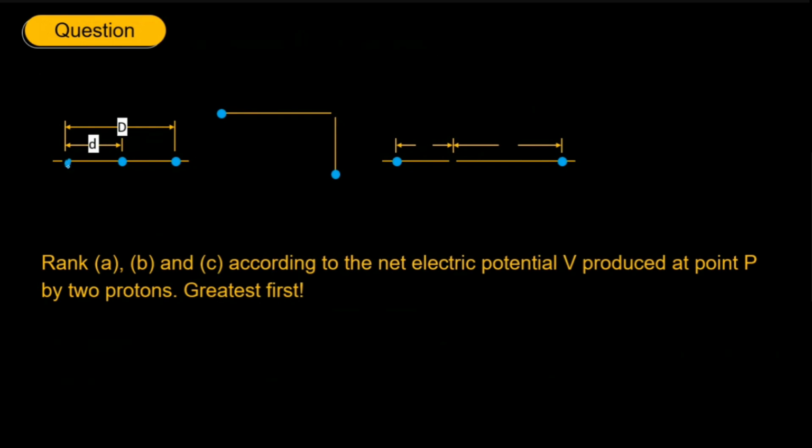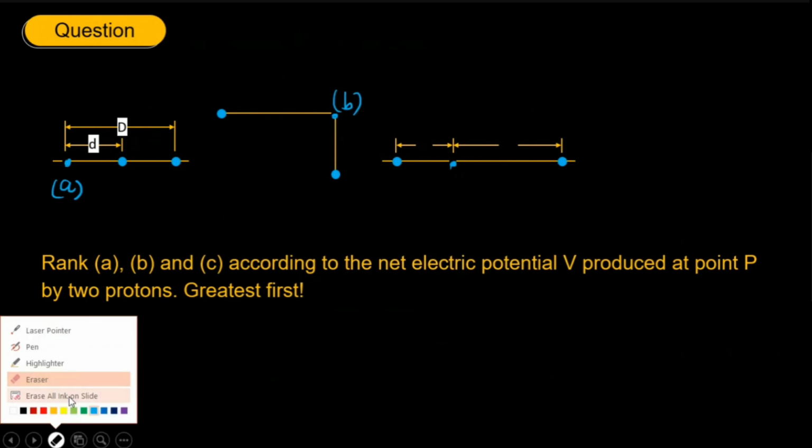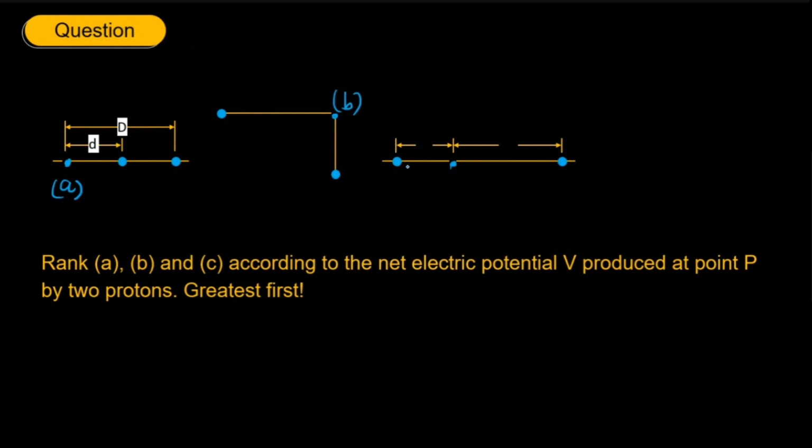This is point A, this is point B, this is point C. What you have to do is rank these 3 points according to the net electric potential produced at them by the 2 charges, which are two protons. So these two charges are nothing but protons.